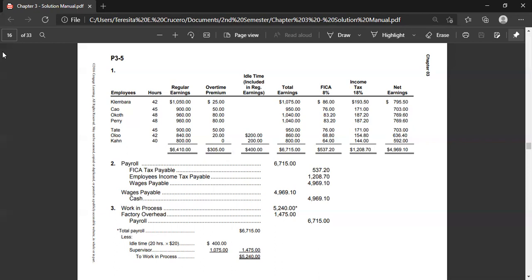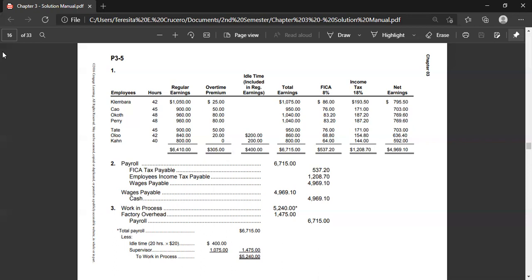So 86 and 193 is 279 that we deduct from 1,075. So the net amount is 795.50, since we have income tax equal to 193.50.